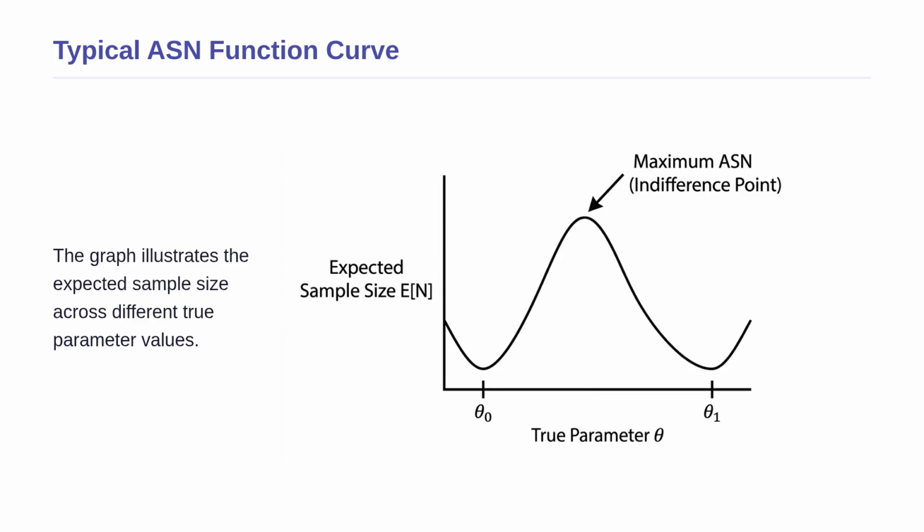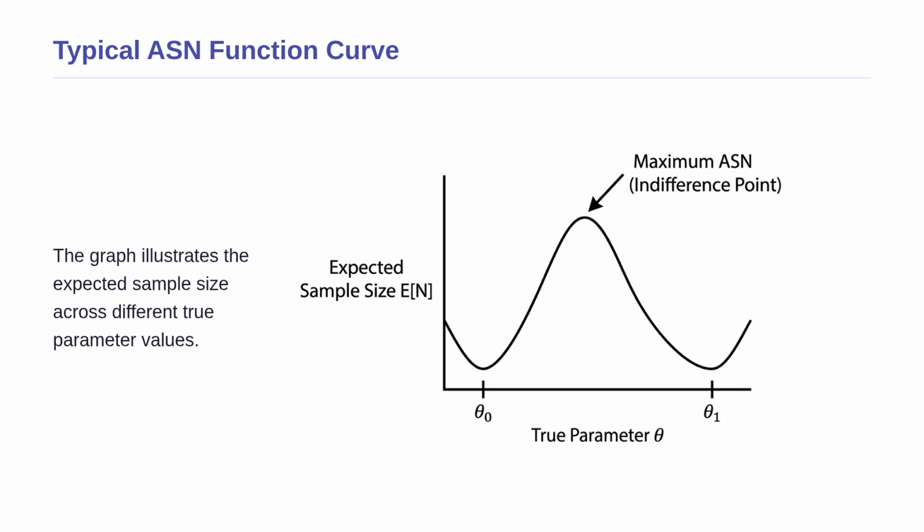Now that we have formulas for both the extremes and the indifference point, let us look at this visually. Here we see the typical average sample number function curve. The horizontal axis represents the true parameter and the vertical axis is the expected sample size. Notice how the curve dips to its lowest points exactly at the null and alternative hypotheses.